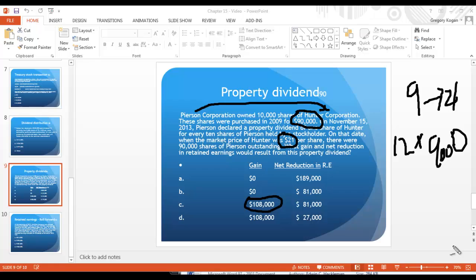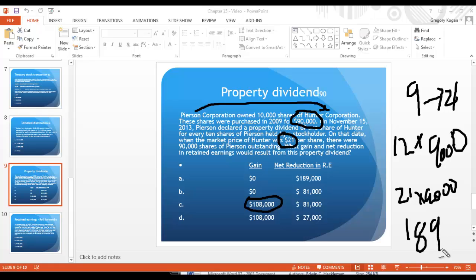Now, what's the reduction in RE? Well, what happened is that we have a certain amount of cost associated with these shares. So the total proceed at the end of the day was 189, which is 21 times 9,000. So the total proceed was 189K.